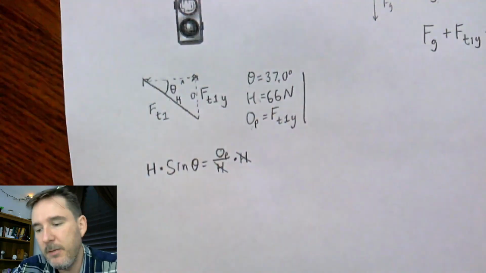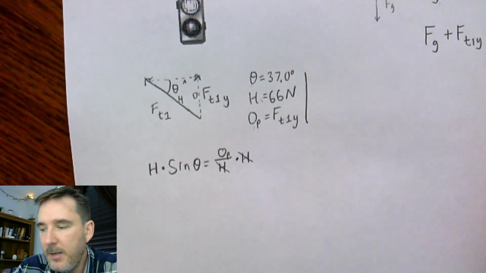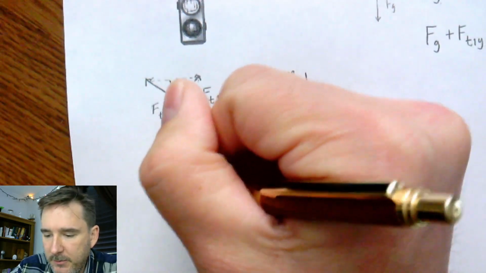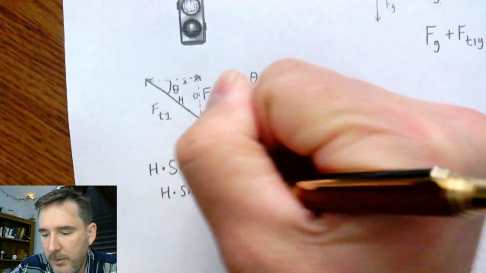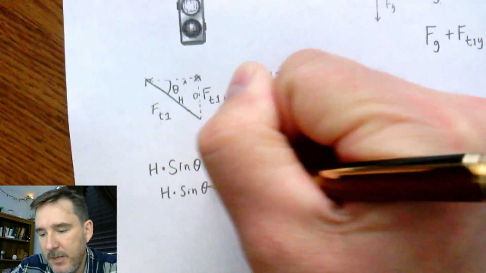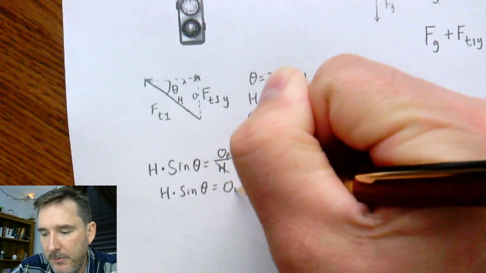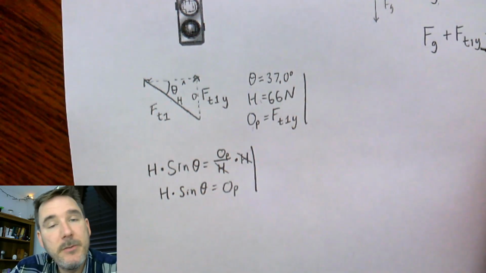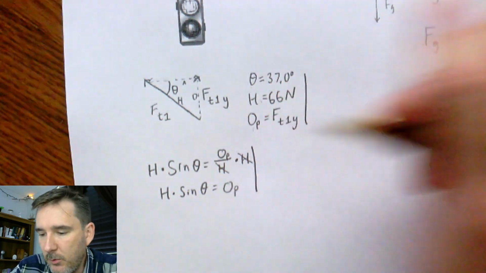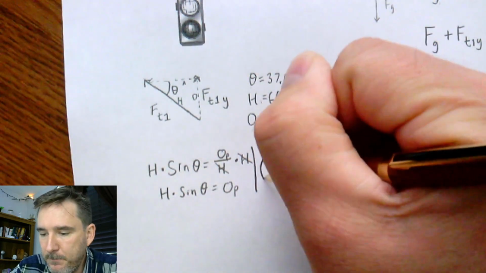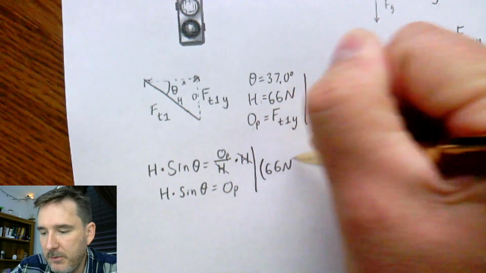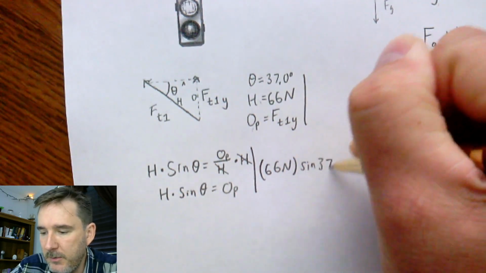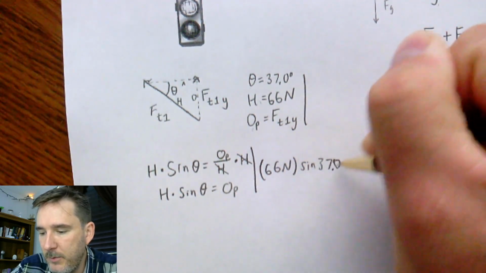So I'm going to also multiply the other side by the hypotenuse. And I'm going to rewrite this just to be a little more clean. So the hypotenuse times the sine of theta will give me the opposite side. All right. So let's substitute, and then we can solve this. So the hypotenuse is, in parentheses, 66 newtons times the sine of 37.0 degrees.